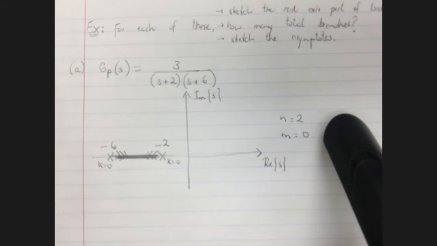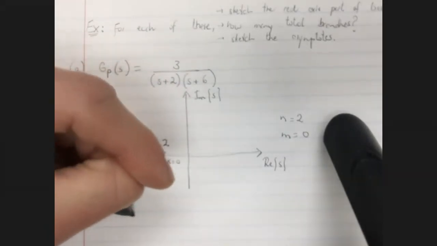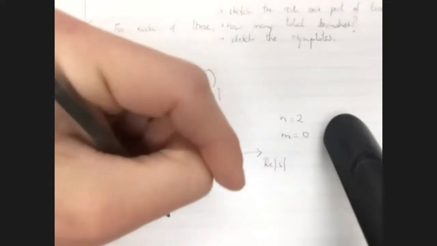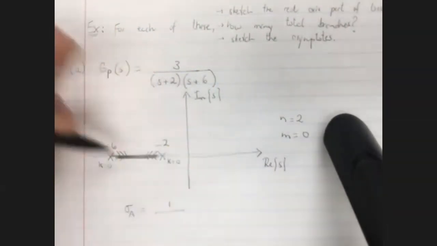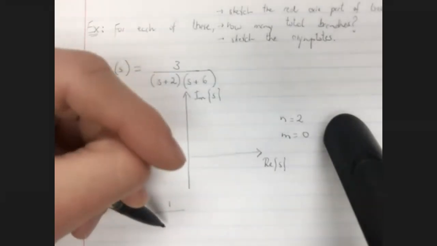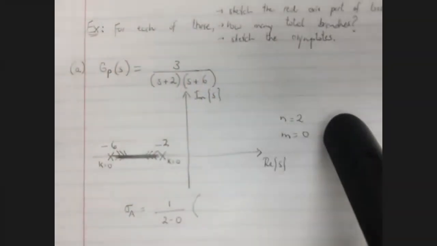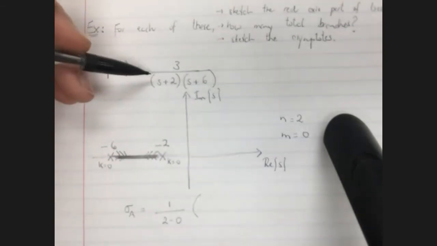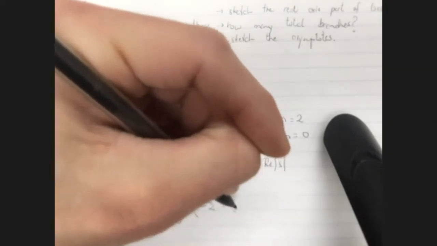So for the asymptotes, we find our center and our angle. When we do a little formula there, the center of the asymptotes is going to be 1 over n minus m, so n minus m is 2 minus 0, times the sum of the poles minus the sum of the zeros. We've got a pole at -2 and another at -6.